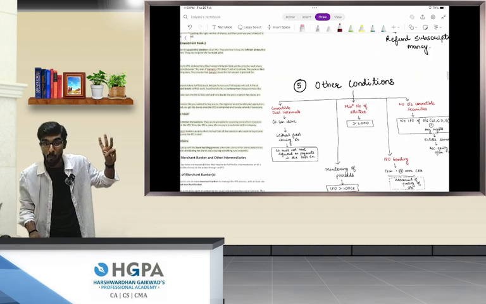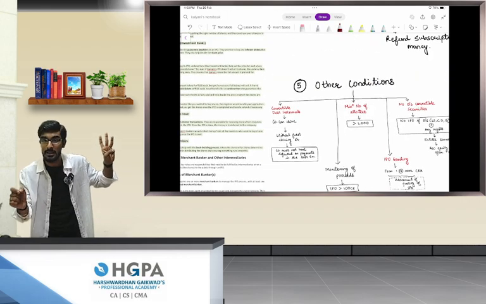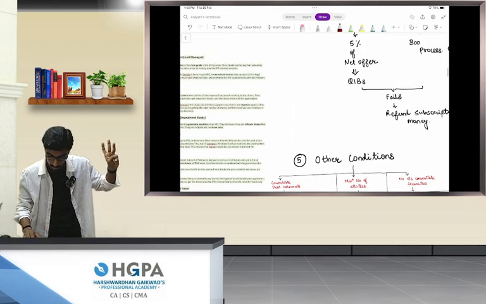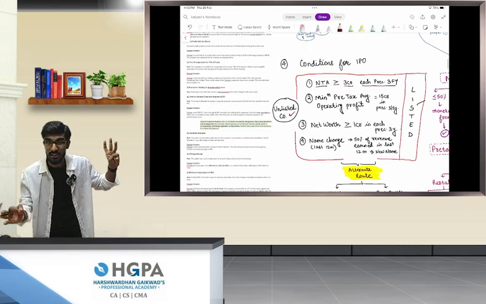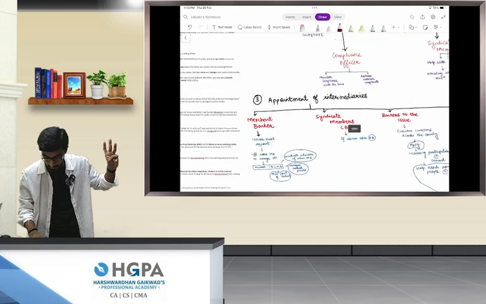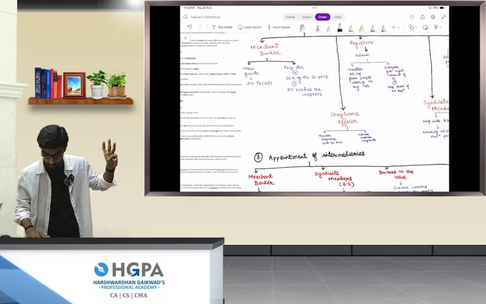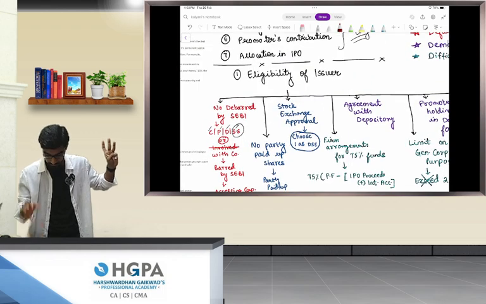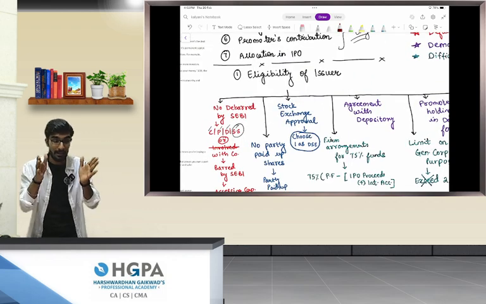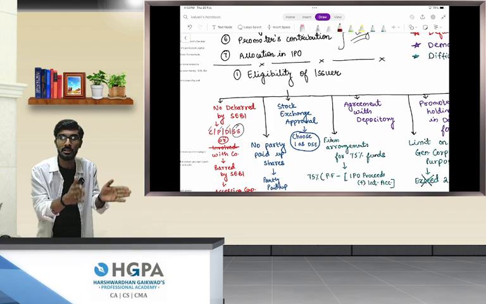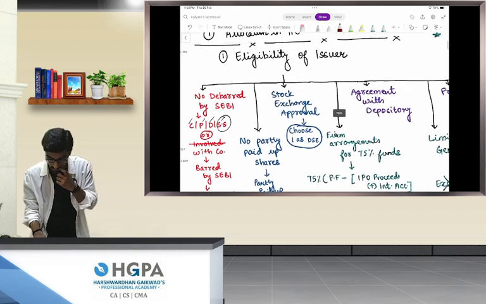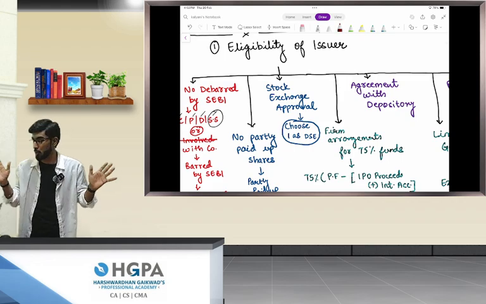Then we understood what are the other conditions Lenskart has to comply with to go for an IPO. Who are the intermediaries? What are their roles and responsibilities? And what are the basic conditions for a company to go for an IPO? This is called eligibility of issuer.